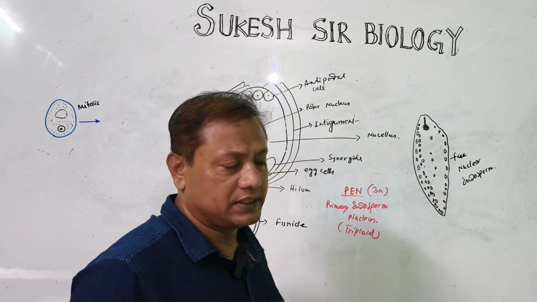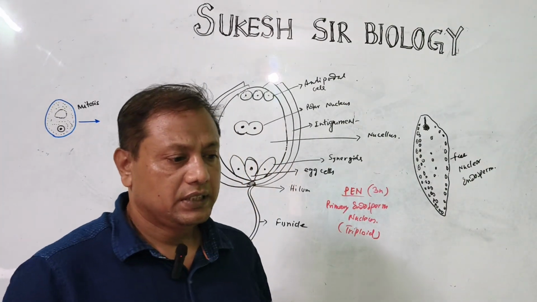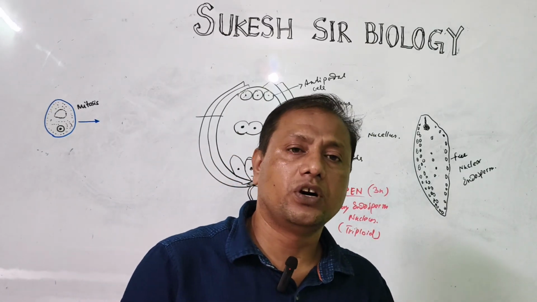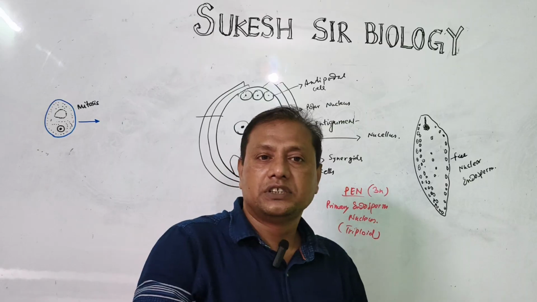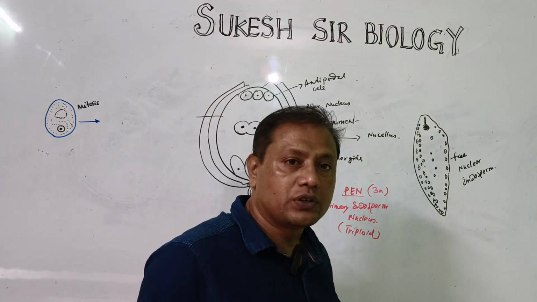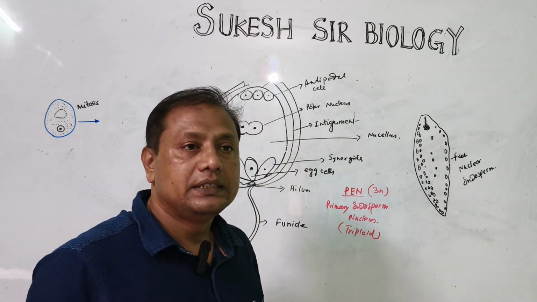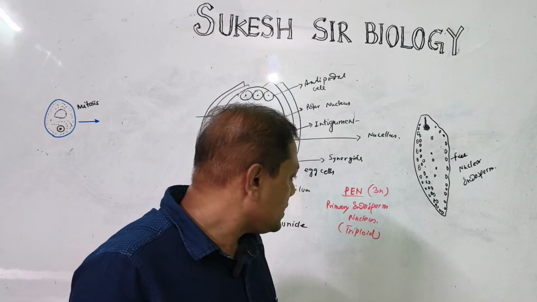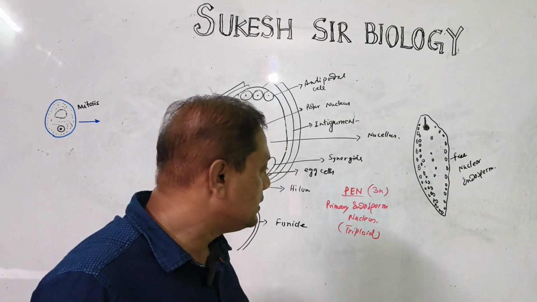It is very interesting. In any cell division, first the nucleus divides, which is called karyokinesis, and then the cytokinesis process must happen to form cells.